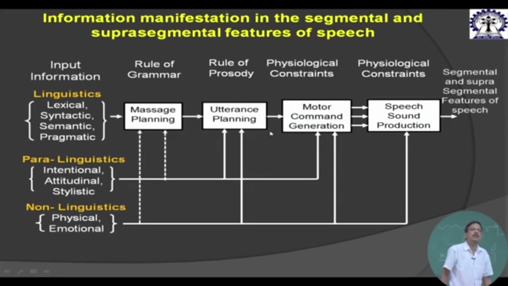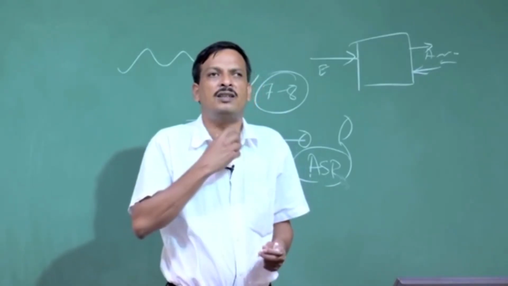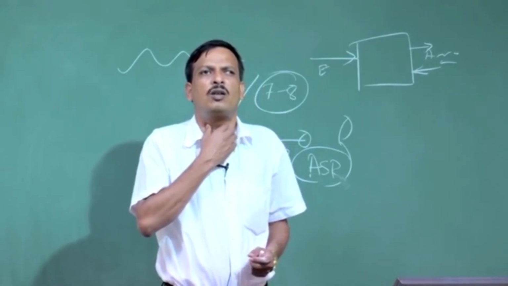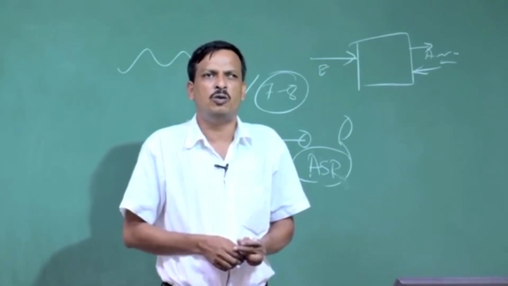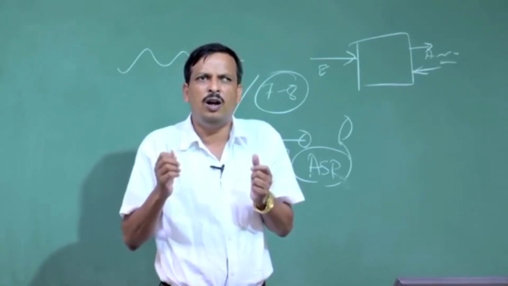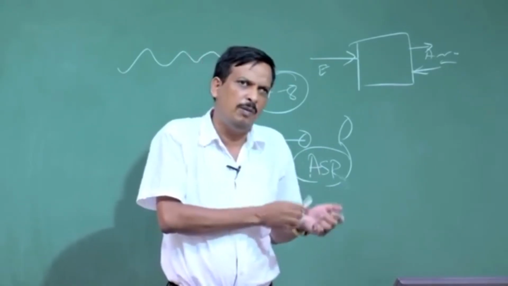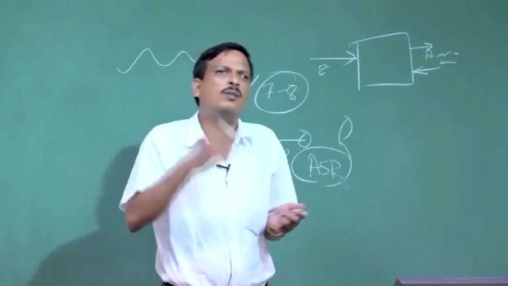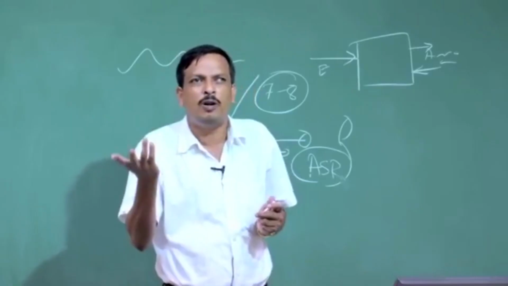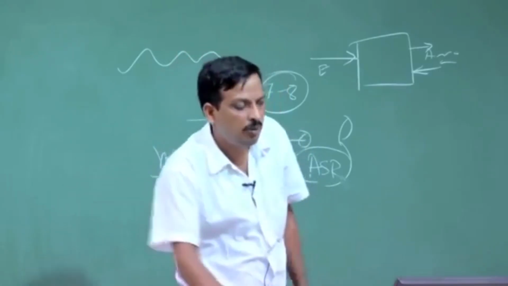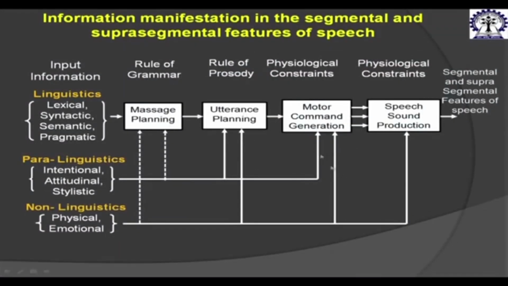There are also physiological problems: somebody has very thick vocal cords, and so can produce a voice whose fundamental frequency is very low; somebody has a different style of speaking; somebody has a stammering problem. All of these come from here, motor command generation, that planning, and then the speech is produced.